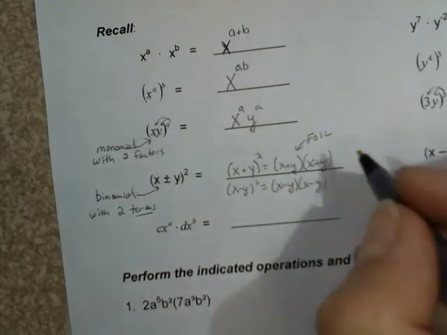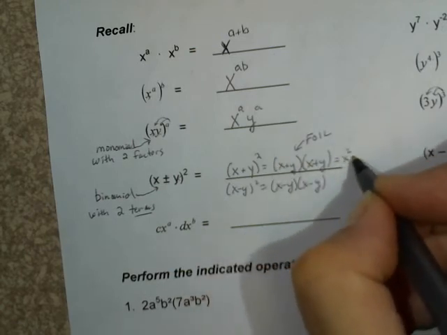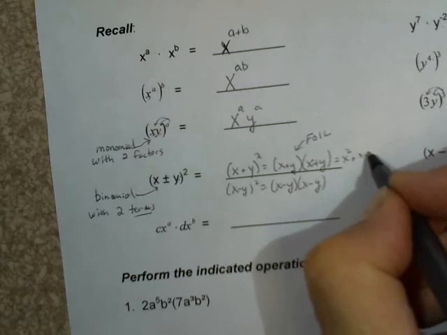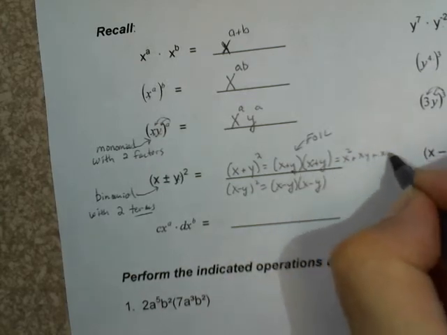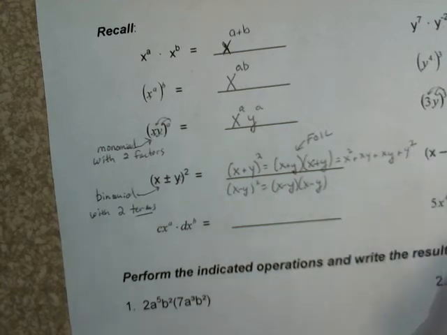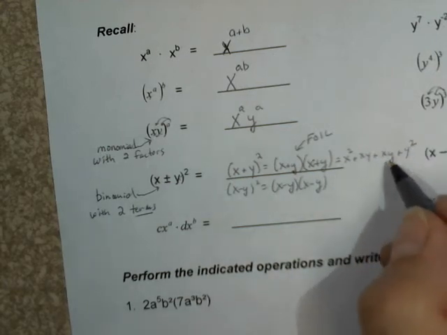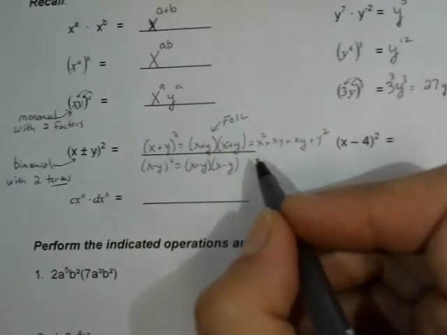So if you FOIL these out, you get x times x, which is x squared, x times y, which is xy, y times x, which is yx, but we'll just write it as xy, and y times y is y squared. And the only thing you can do here is combine these two terms in the middle together.